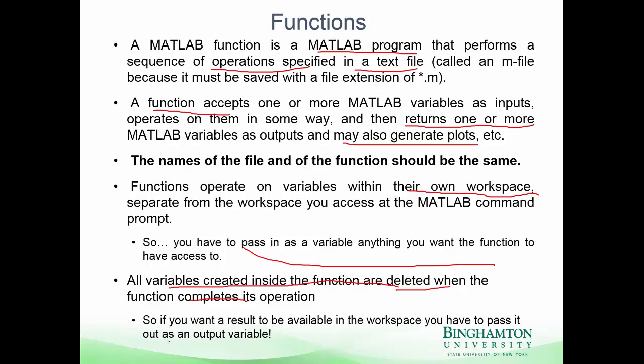So if you want a result available after the function, you have to output it as an output variable. When you do that, it becomes available not in the temporary workspace, but in your original workspace from which you called the function.